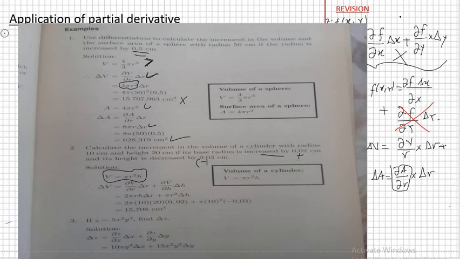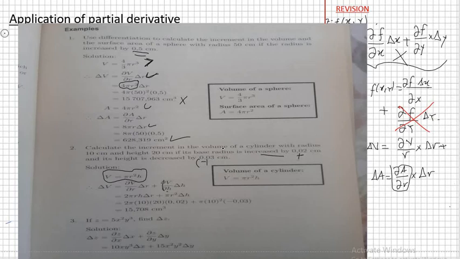So if we still use this relation here to determine the change of the volume, we have the change of the volume given by the partial derivative of the volume with respect to the radius multiplied by the change in radius, plus the partial derivative of the volume with respect to the second variable, h, multiplied by the change in h.